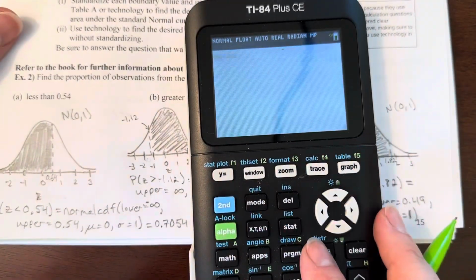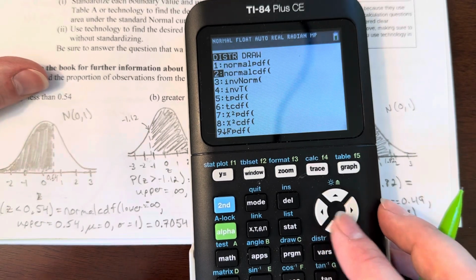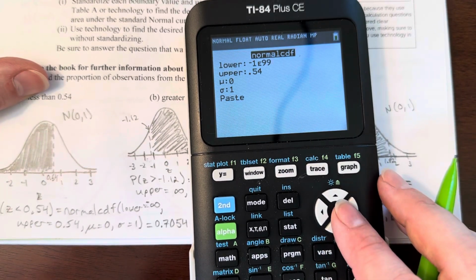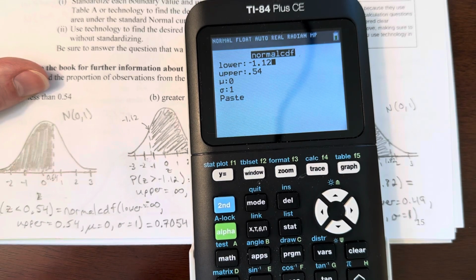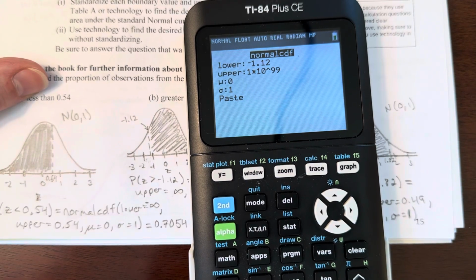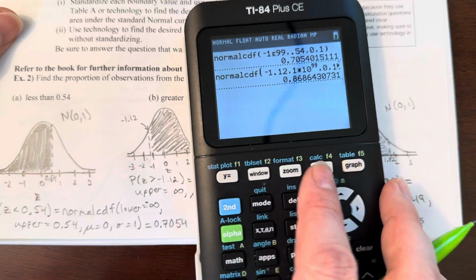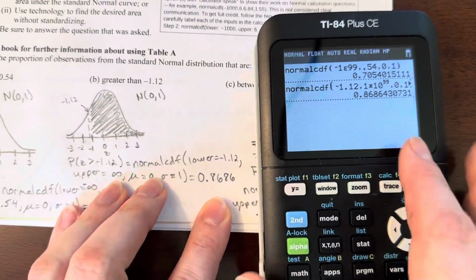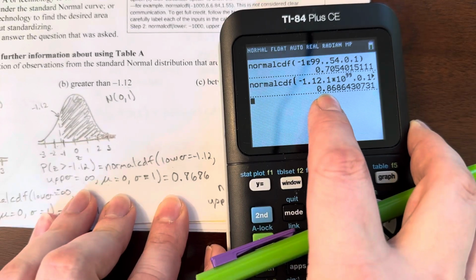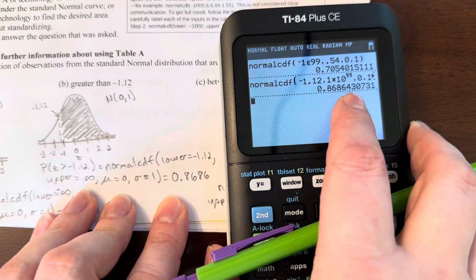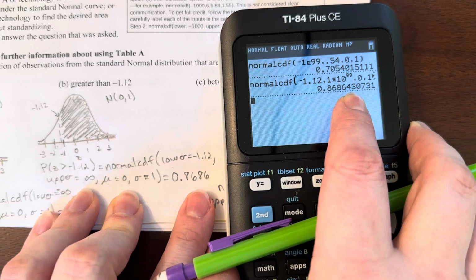And if I go back to distribution, so second vars, and go to normal CDF, this time I want to have negative 1.12. I'm going to use 1 times 10 to the 99th, 0 and 1, paste it in. And that is how I get 0.8686. There's a 4 after the 6, so I leave the 6 alone.